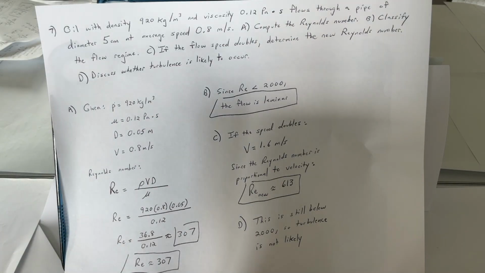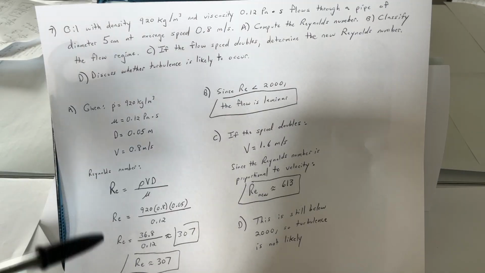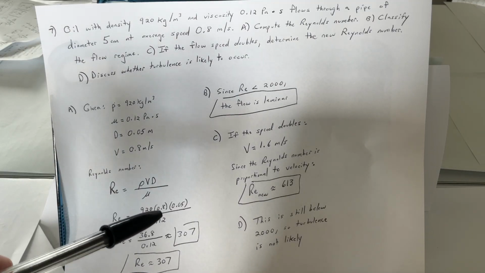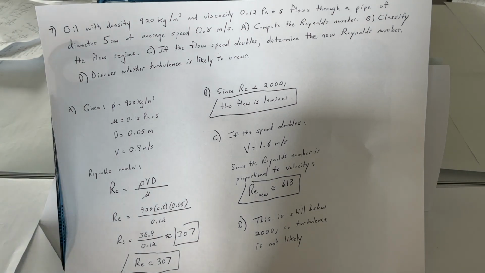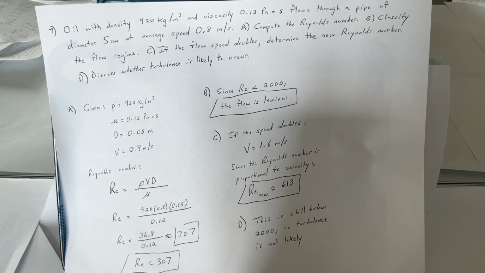We substitute: Re is 920 times 0.8 times 0.05 divided by 0.12, and you get approximately 307 for your Reynolds number. For part B, classify the flow regime. Since the Reynolds number is less than 2,000, the flow is laminar.